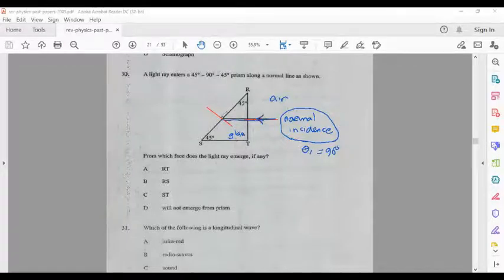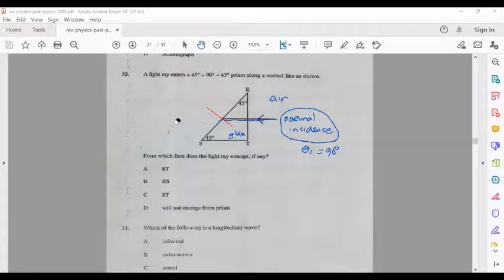So you might be thinking, if the incident ray passed from the air to the glass, then it's just going to keep going. It's going to come out again, right? So you might be thinking that your next ray, your refracted ray, would look something like that, or like that. It goes out. Okay? Well, no, that's not what happens.